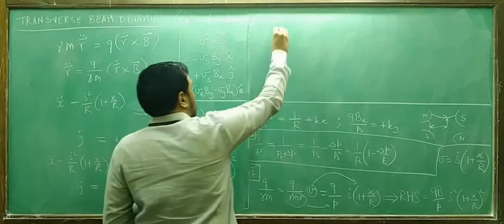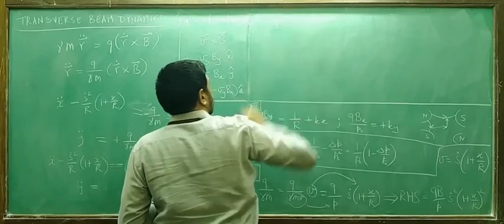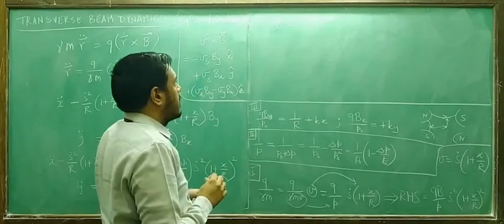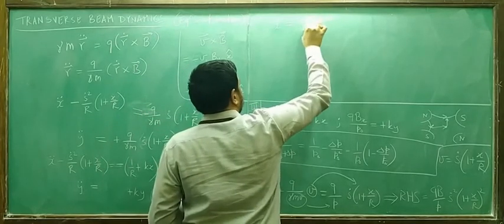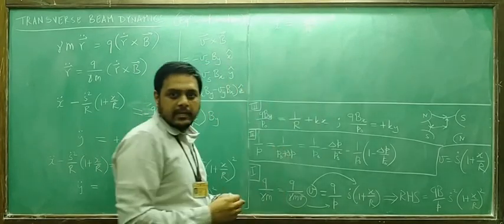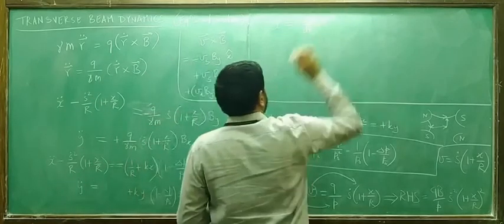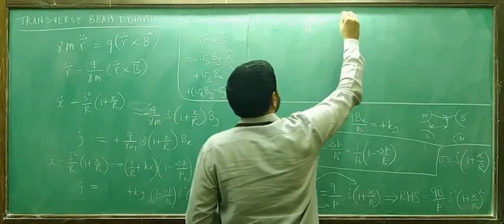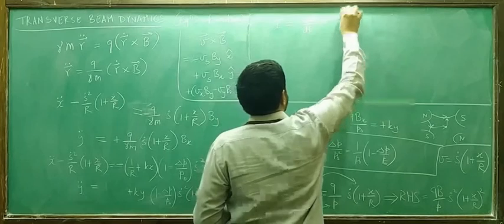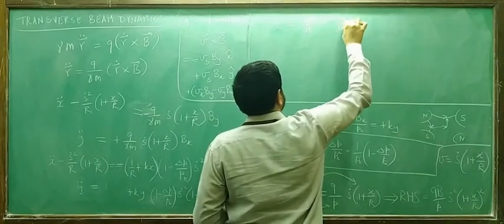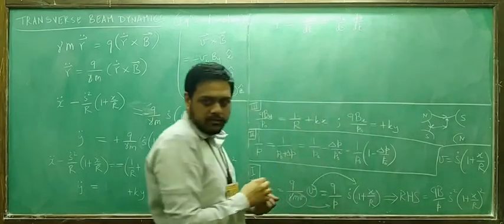You know that x dot is basically dx by dt. X dot, which is dx by dt, will be dx by ds into ds by dt. Simple chain rule.